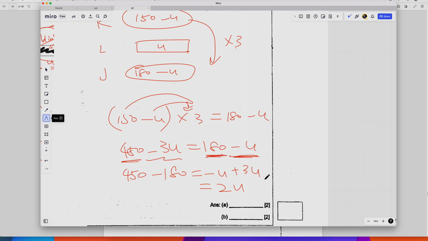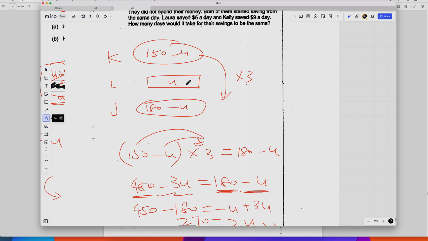It's 270. So in order to get U, you divide by 2 on the right hand side. So you divide by 2 on the left hand side as well, which is 135. That's U, right? Okay, good. So that's Laura.